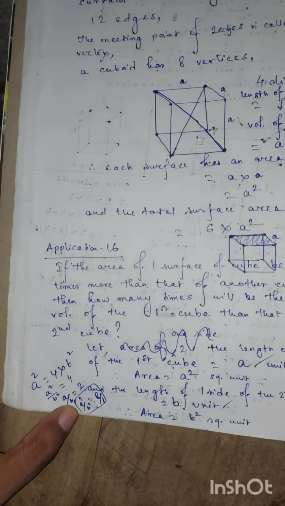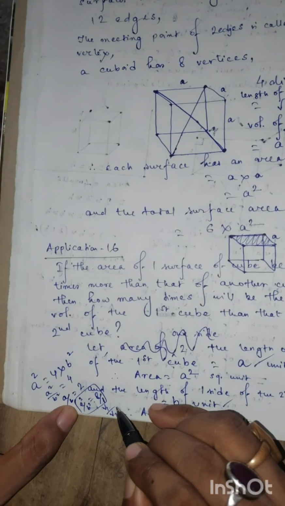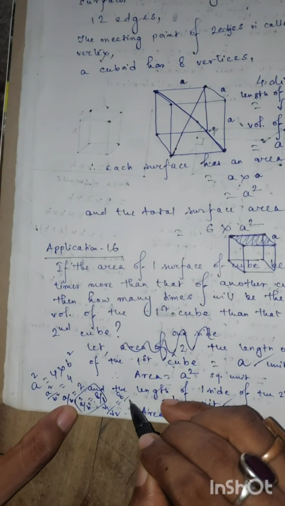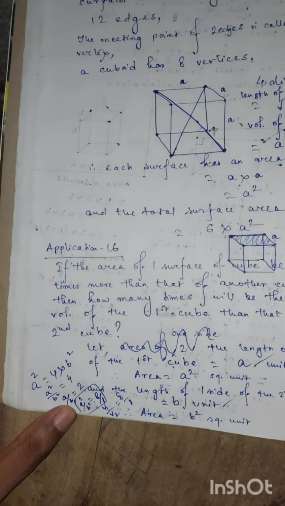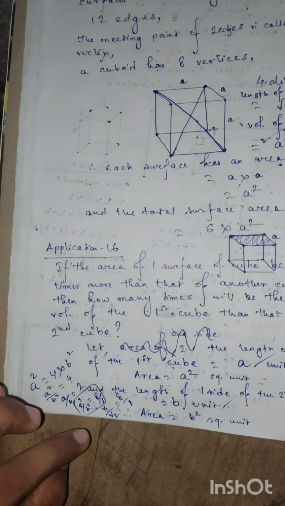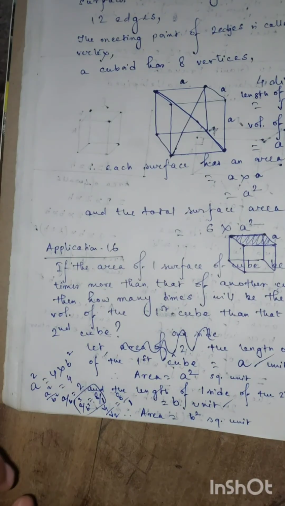So this is actually the ratio of volumes of these two cubes. So v1 by v2 is equal to 8 by 1. So this is our answer. The volume of first cube is 8 times that of the second cube.